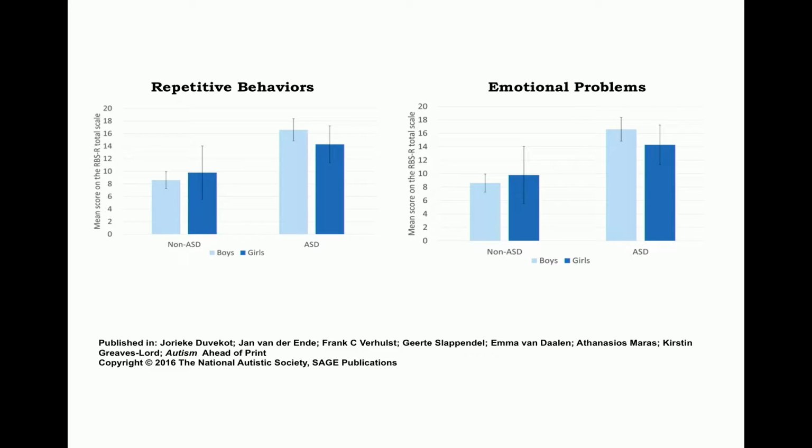If you look then at the phenotype, on a symptom basis, most of the studies show that boys have higher rates of repetitive behaviors, and girls usually have higher rates of emotional problems. And we will show you some data from our studies on what we found in this area.